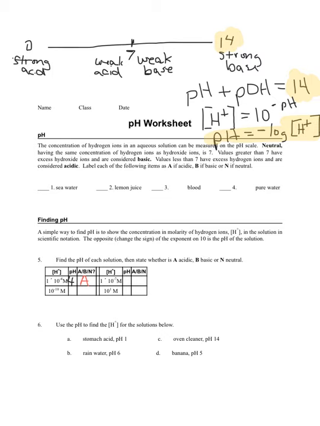All right, take a look at the next one right underneath it. Very simple. It says a substance that has a concentration of 10 to the negative 10. Well, we're just going to use the little exponent there. And the exponent is 10. That's our pH, 10.